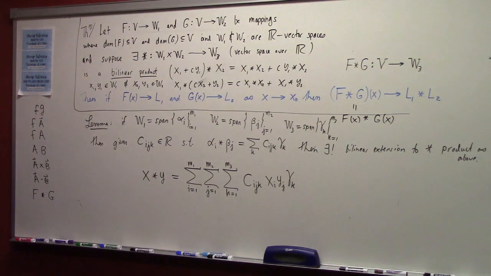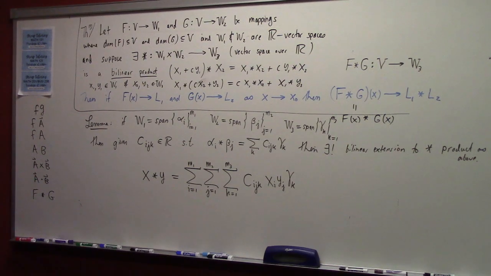Now, skipping a few steps here, right? How I come up with that formula is I use the bilinearity of the product, I pull the constants out, right? And I get rid of the star product by converting to the structure coefficients and the basis of the range of the product. Yeah?